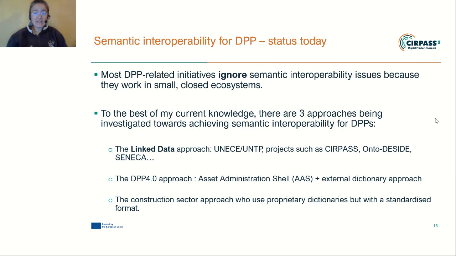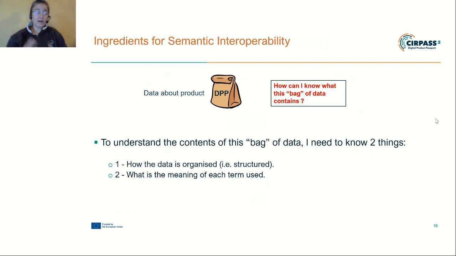There's the linked data approach that is being developed by UNECE, but also by the Surpass project, the OntoDecide project, the Seneca project, etc. There's the DPP 4.0 approach, and there's the construction sector approach. We're going to go into details later in this presentation. This is very good news that there are initiatives that are not ignoring semantic interoperability.